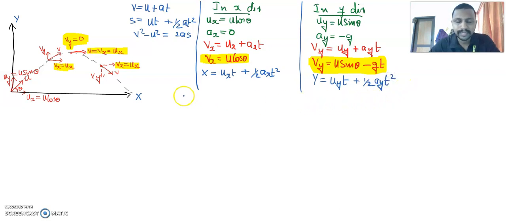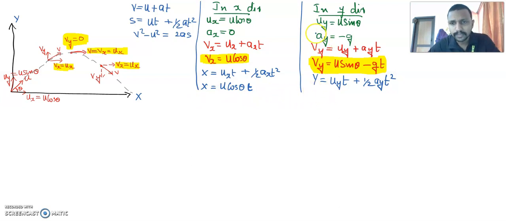Okay, then let's substitute for the values of ux and ax. Then you will get x is equal to u cos theta t, since ax is 0. That is, x is equal to u cos theta t is the x coordinate of the projectile after a time t.